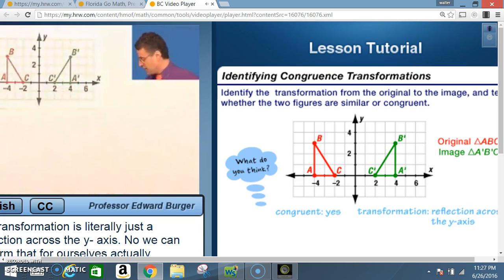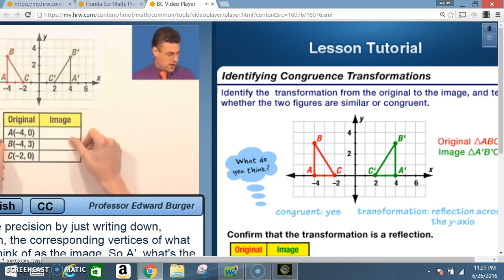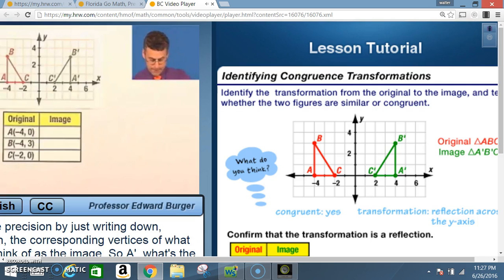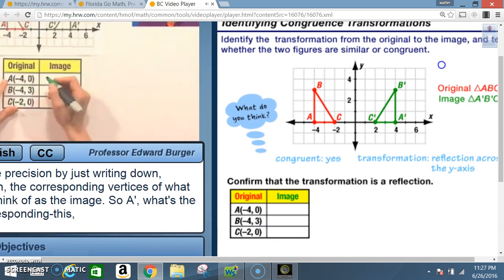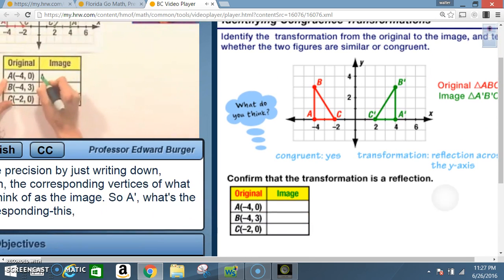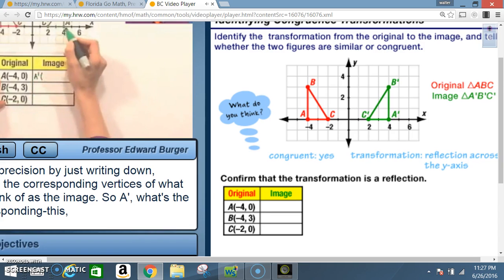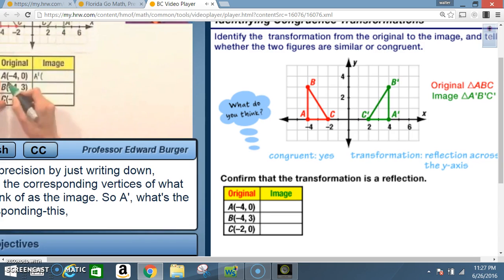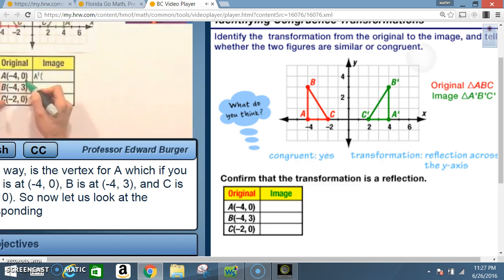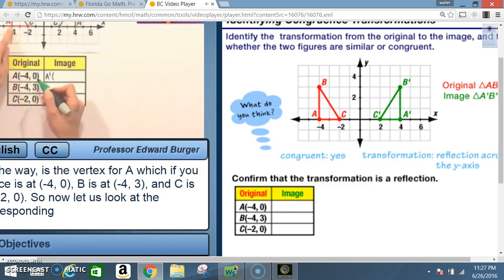Now, we can confirm that for ourselves, mathematically and with more precision, by writing down, again, the corresponding vertices of what we think of as the image. By the way, this is the vertex for A, which notice is at (-4, 0), that's that point.